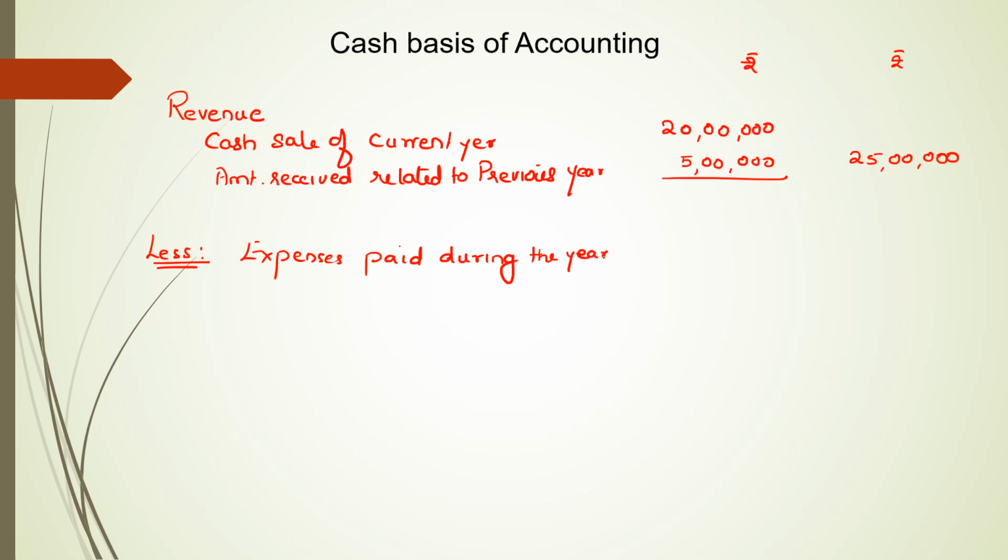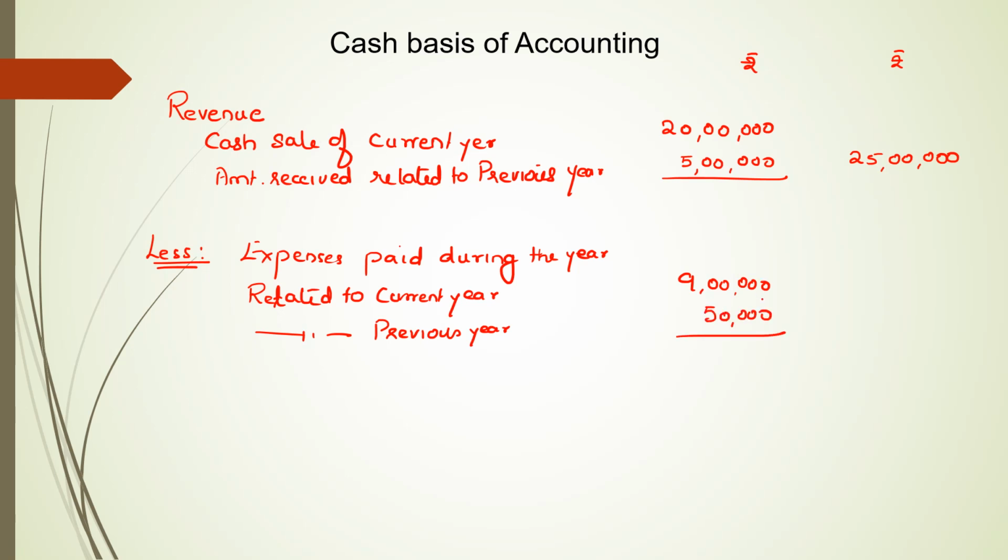Now if you see the question, the expenses paid during the year related to the current year was, out of 10 lakh, 1 lakh was still to be paid, so 9 lakh, and related to the previous year, an amount of 50,000 was paid.